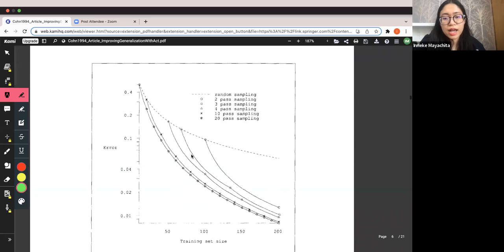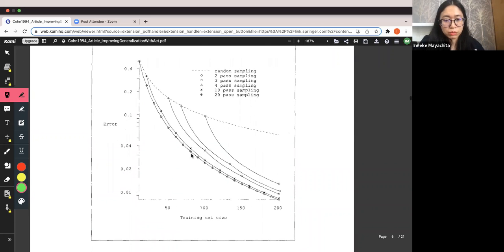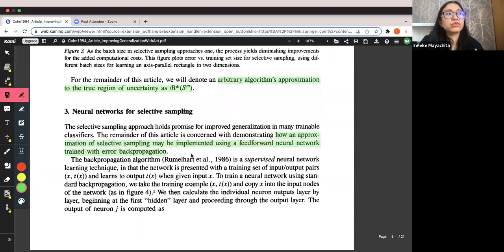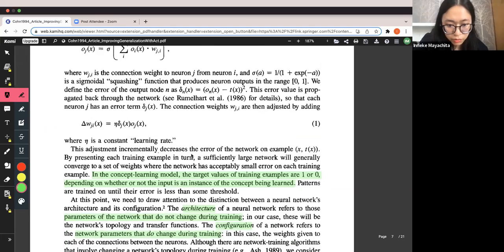So the whole idea of this paper is that we want to have two different networks that approximate this superset and the subset.